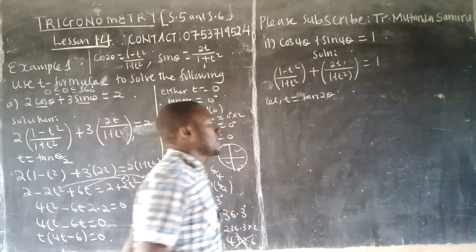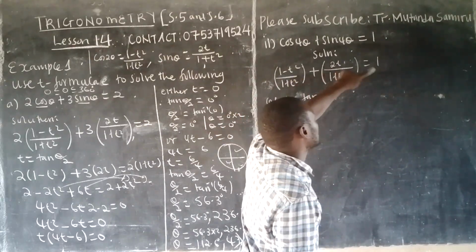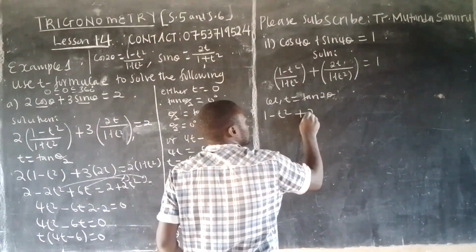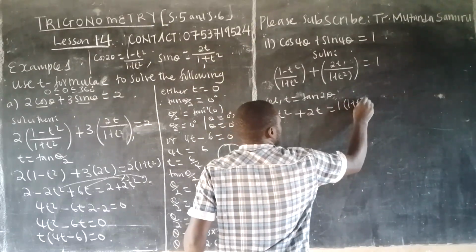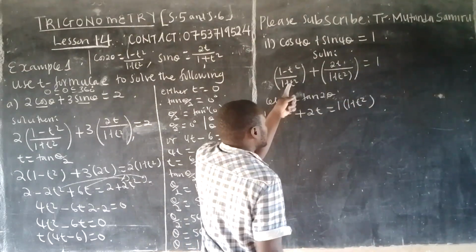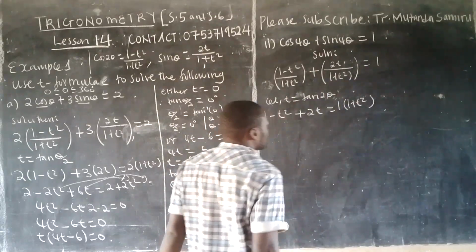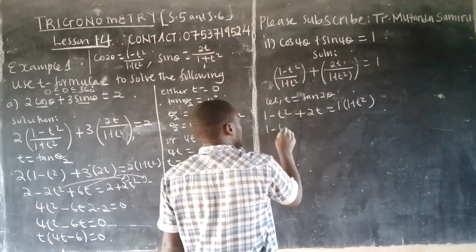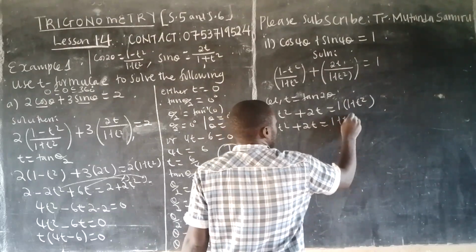Now, multiply all through by the denominator. It cancels, so this will be 1 minus T squared plus 2T is equal to 1 times (1 plus T squared). I've multiplied all through by this; times that, it cancels. So we have finally 1 minus T squared plus 2T is equal to 1 plus T squared.